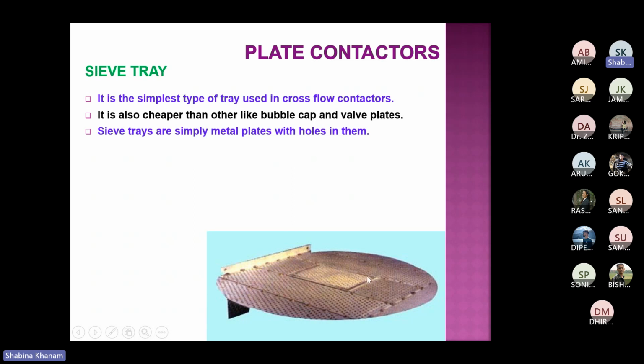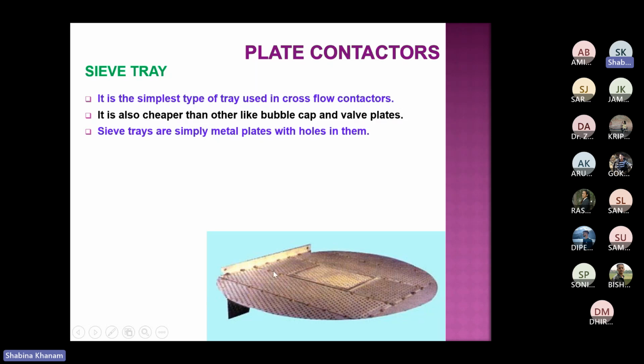Now if you consider this particular section, this is called manholes. For maintenance purposes, the operator or industry people can come inside the distillation column. So this is called manholes.